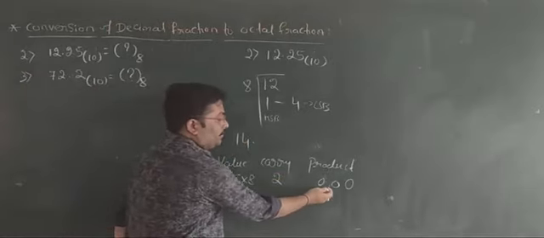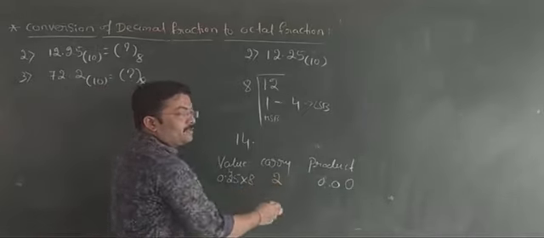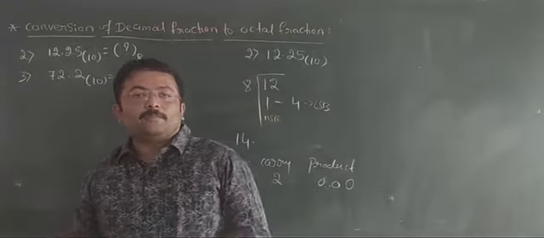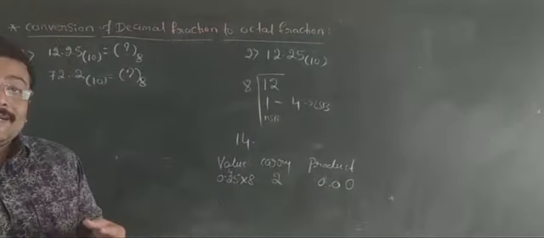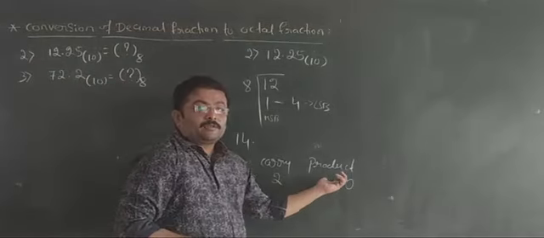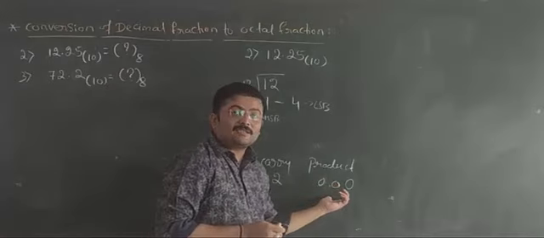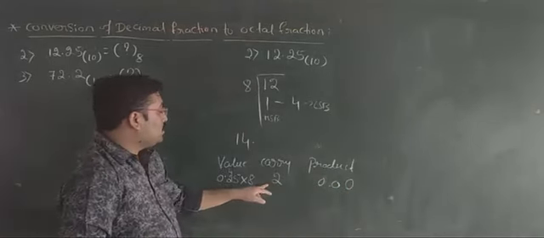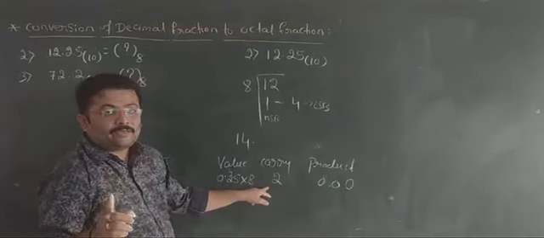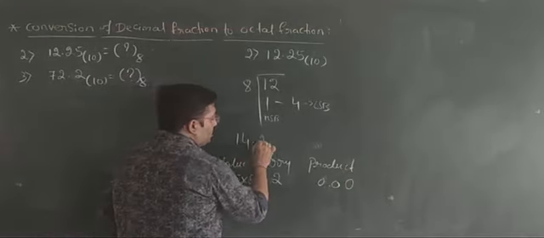The product value is 0 and cannot be further multiplied, because step 2 is to repeat step 1 until the fractional part becomes 0. Now the fractional part is 0, so leave it. Here also there is only one carry, that is 2.